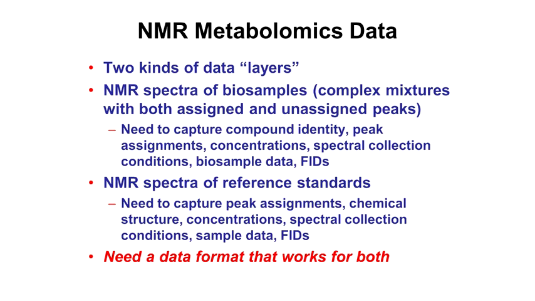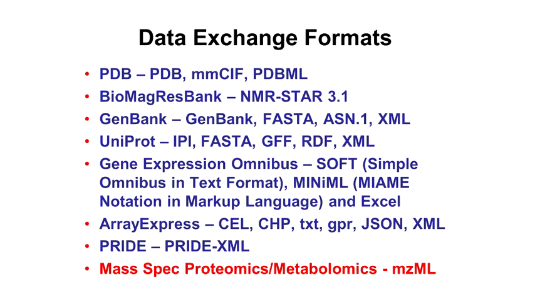So there have been data formats for pure compounds, but there really haven't been data formats for the mixtures, the ugly-looking data. If we look at how other data exchange formats have evolved, we can go to structural biology. There's several well-known formats: PDB, mmCIF, NMR-STAR for biomolecular NMR, FASTA and FASTQ formats for GenBank, UniProt.